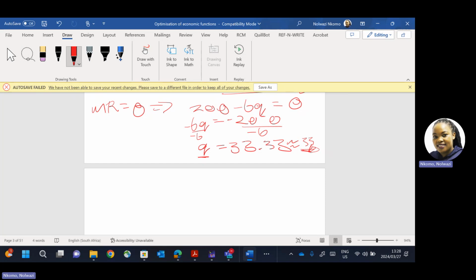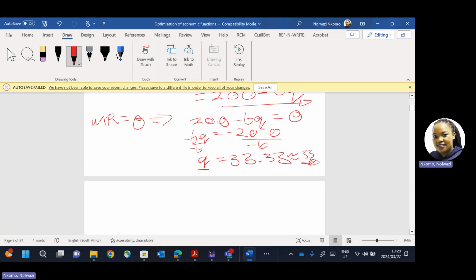And we said if the second derivative is less than zero, it means it is the maximum turning point or the maximum stationary point. If the second derivative is greater than zero, that means we have a minimum point. Okay, let's find the second derivative.